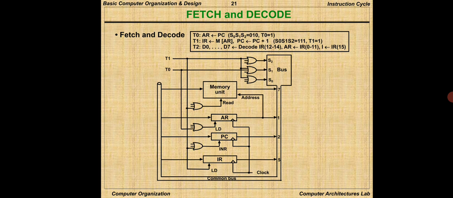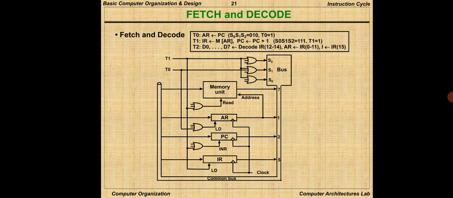Based upon this combination, any one of the registers will be activated in the common bus system. According to our references, I am using the S0 S1 S2 values as 0 1 0. Based on that, the program counter will be activated, and the program counter value will be moved to the address register.